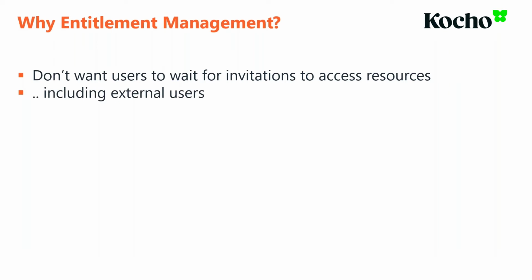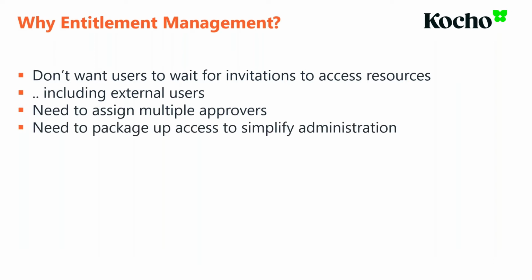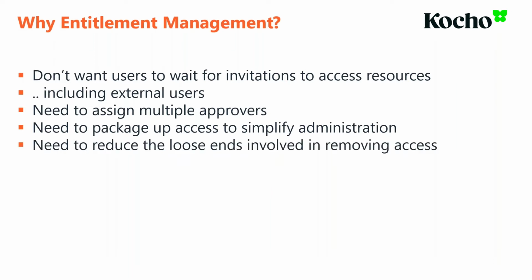So obviously, including externals, you can have multiple approvers, and you might want to package up a bunch of resources so you can simplify the onboarding process, but also the offboarding process. So when you need to remove access from people, you can remove it all at once by just removing them from the access package.